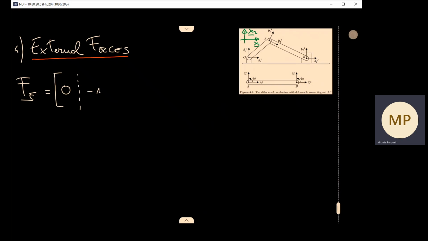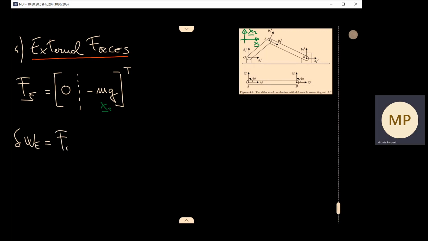Minus mg, transposed. So this is x2. It's the weight of this body number 3, which acts like this, in the opposite direction with respect to the vector x2. So what we start to do is to write the virtual work of external forces.